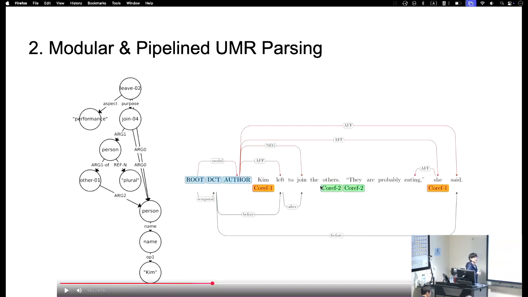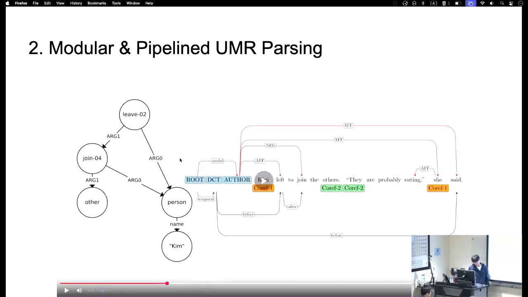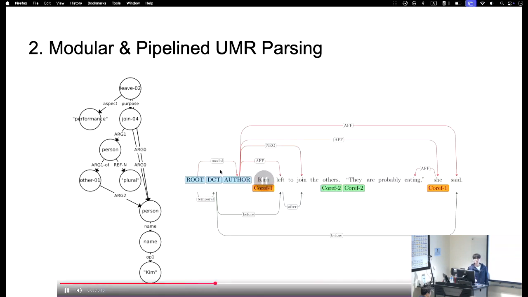Now, as I emphasized, the graph on the left-hand side was at that point AMR. It was not UMR. And even at the sentence level, although they do share similarities, we do have to make some conversion from the AMR to the UMR sentence level graph. That's where you see the transformation from that to that.